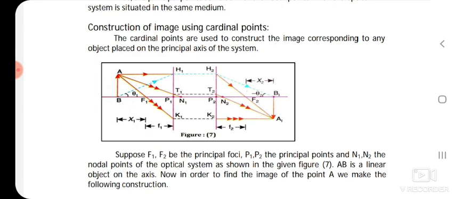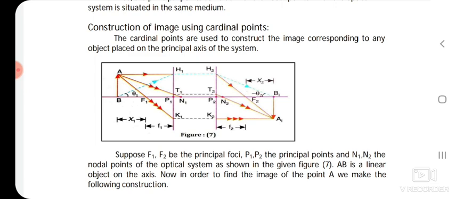We are drawing a ray AH1 parallel to the principal axis, which touches the first principal plane at a point H1, and it emerges out from a point H2 and passes through the second principal focus F2.